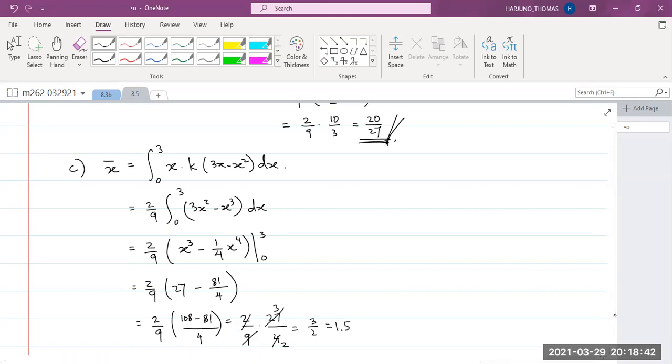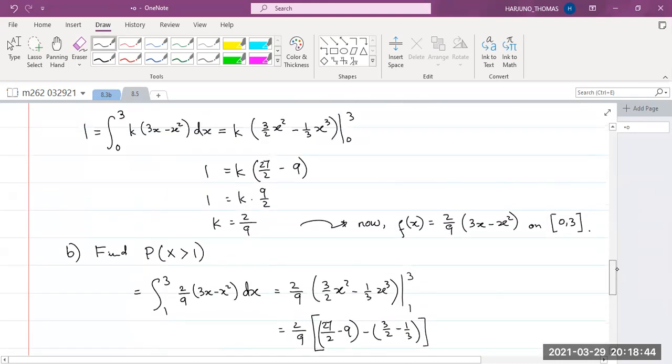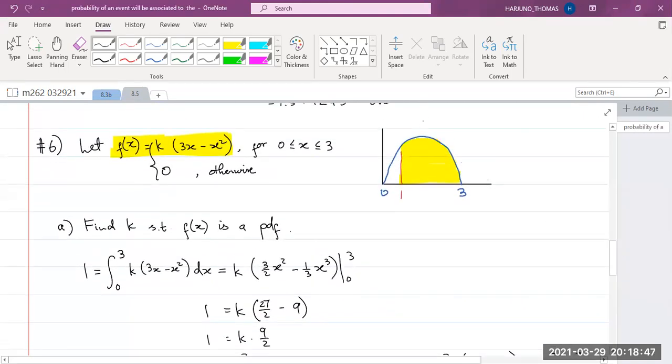So it's supposed to be 1.5, because if you take a look at this graph, it is actually symmetric with respect to 1.5. You see, if you look at the graph, this is quadratic, agree? And the x-intercepts are (0,0) and (3,0).